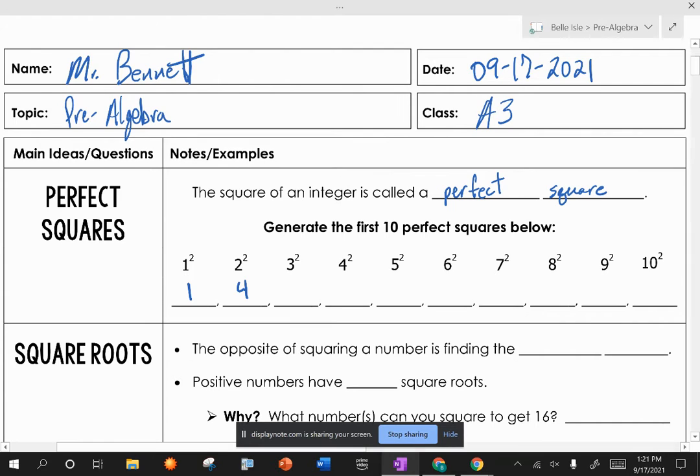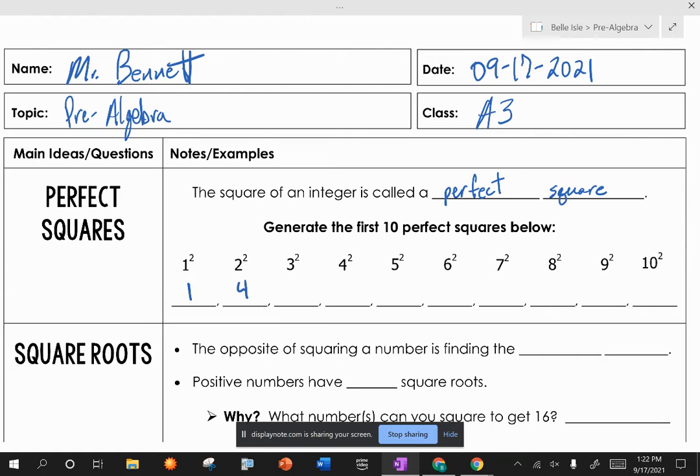Because 1 times 1 is 1. You can't even look. It's 3 times it by itself.